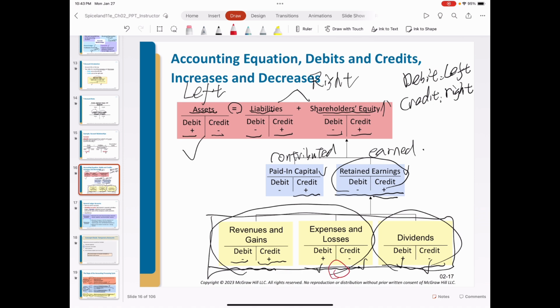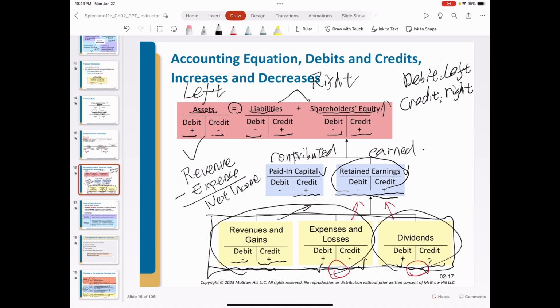The reason these two are debit accounts is because they have a negative relationship with the retained earnings, while revenue and gains have a positive relation with the retained earnings. Remember, when we prepare the income statement, revenue and gains are additions, while expenses and losses are subtractions.